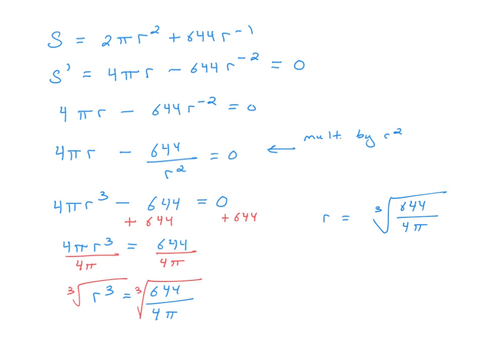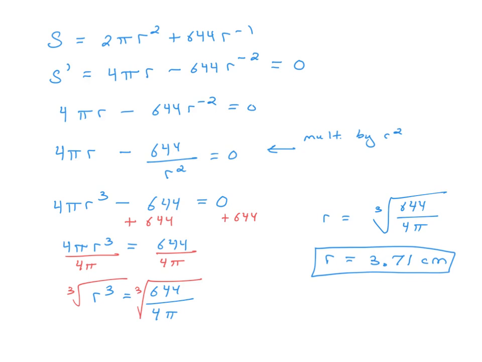So cube root of 644 divided by 4 pi. Okay, I'm getting that r is equal to 3.71, and the units on that are going to be centimeters because r is a distance.